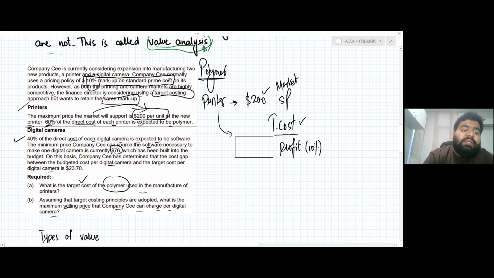But the polymer is 60% of that, and he is asking for the target cost of the polymer. So let us calculate first for the printer.